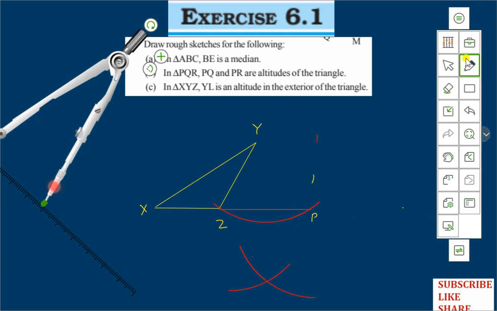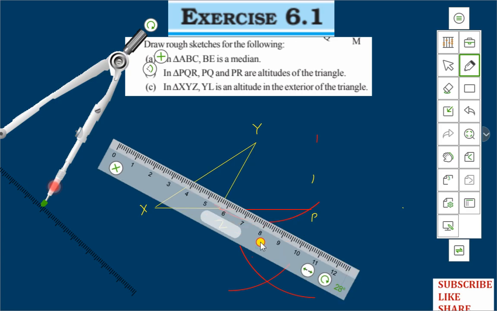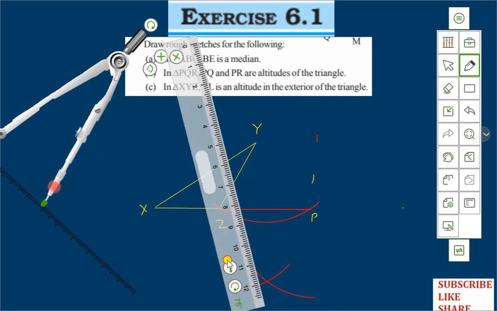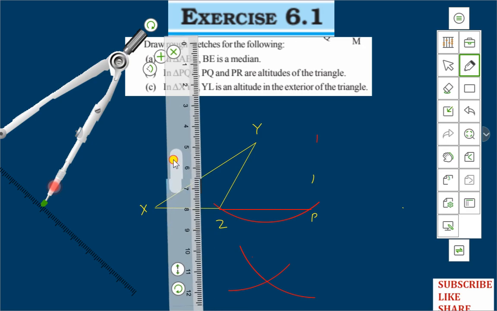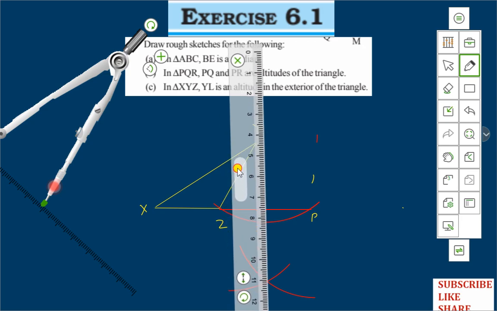With the help of a scale, take the scale first. Here you see, if I take this scale and draw the line, this will be perpendicular on this line.